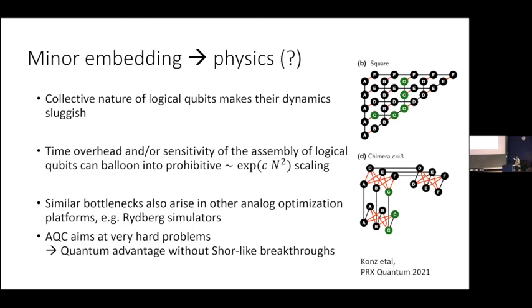These kinds of bottlenecks are what we hear about, for example, in analog optimization that's currently very actively being developed at Harvard and MIT, with these Rydberg simulators and other places. This has slowdowns of an adiabatic nature built into it.